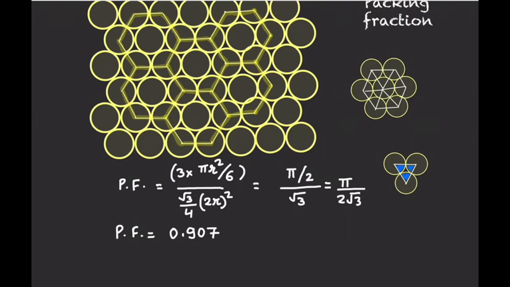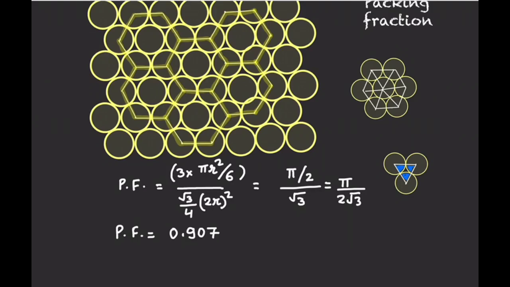Now if we try to find out the same packing fraction with the help of this big hexagon, we can say that this big hexagon is made up of 6 small equilateral triangles. So the total area occupied by these circles in this big hexagon is 6 times the area occupied in one equilateral triangle.